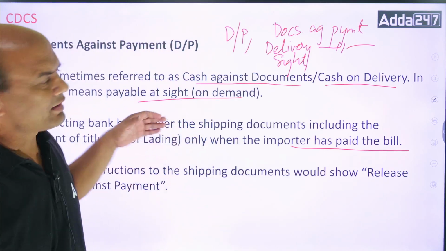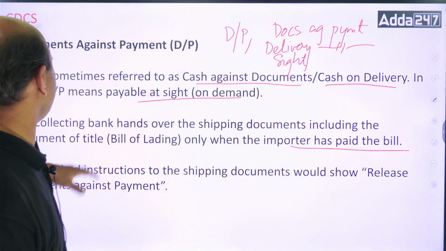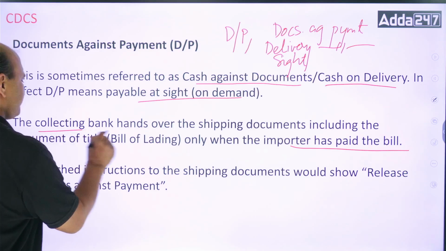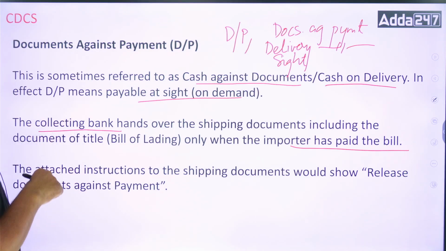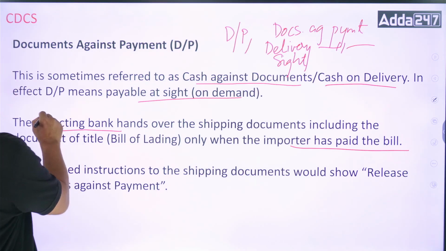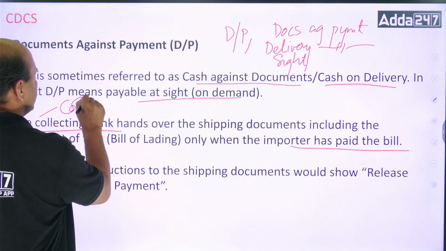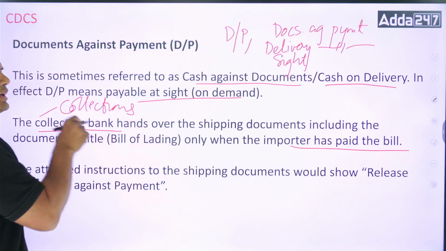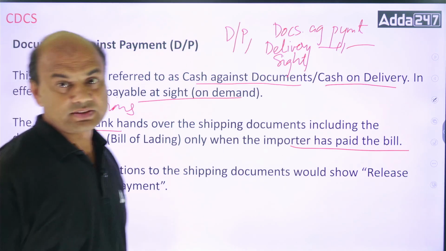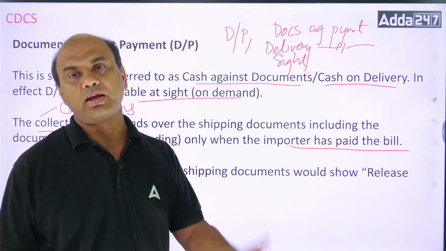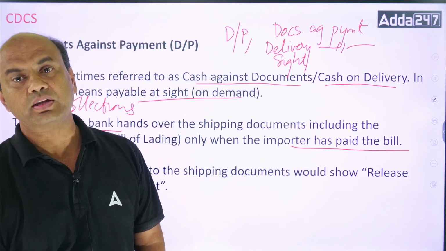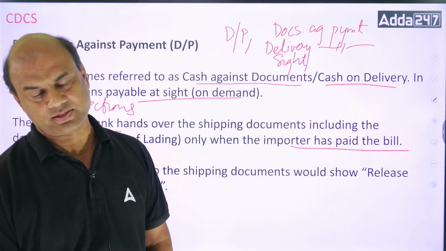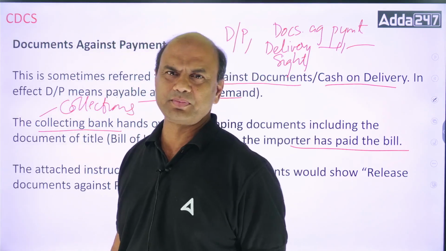The collecting bank is the name used in collections. Whenever you are dealing with collections, we call it collecting bank. If it's under the LC, we call it issuing bank. So either of these two names will be there.